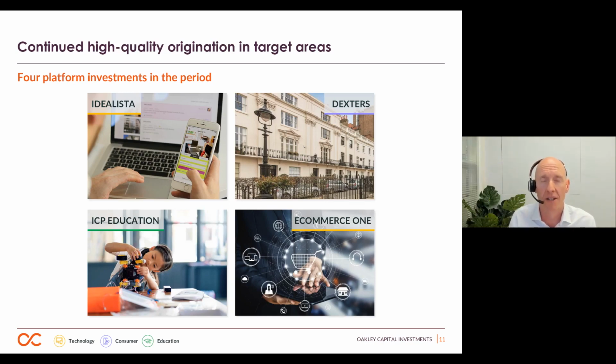Another entry into our technology portfolio. This is an e-commerce software roll-up opportunity, and we've acquired two of the leading software solutions for German online merchants. This is smaller merchants selling via online marketplaces that you'll be aware of, the likes of Amazon and eBay.